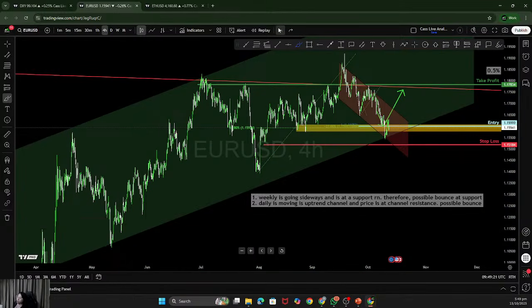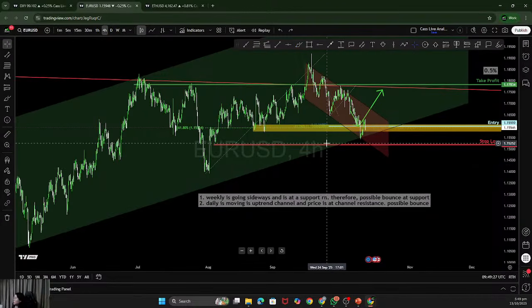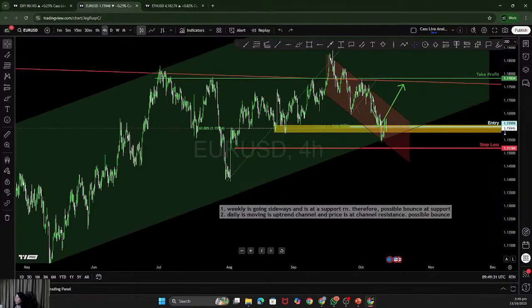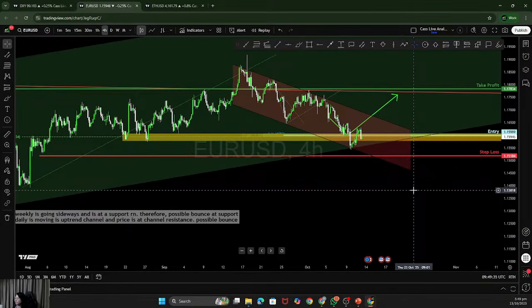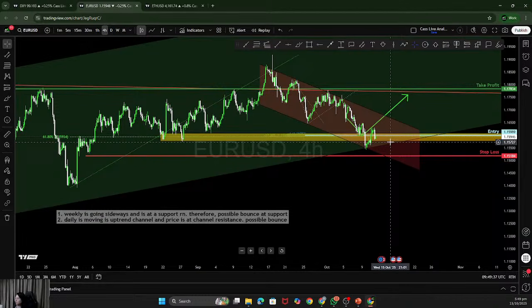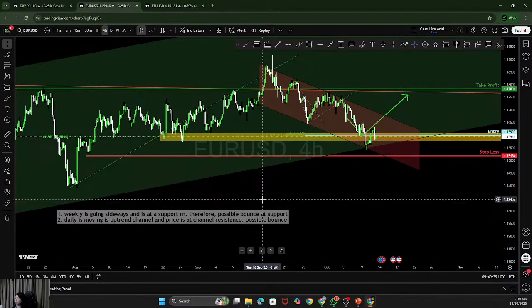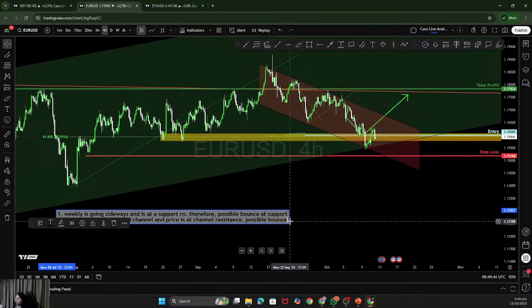Our job is to collect data and then decide what we want to do with the data, right? So I've collected the data and I've decided that the data could just be telling me that it is a pullback. So now what I'm going to do is, number one, my next course of action.